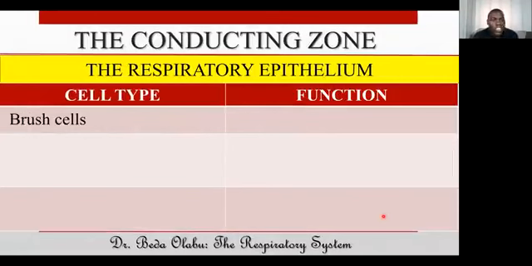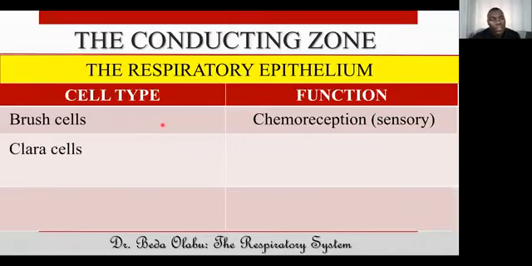The fifth cell type are the brush cells. The brush cells are chemoreceptor cells. They're believed to be sensitive to oxygen tension, so the chemical they detect is oxygen tension within the airway. The Clara cells are unique only to the bronchioles.